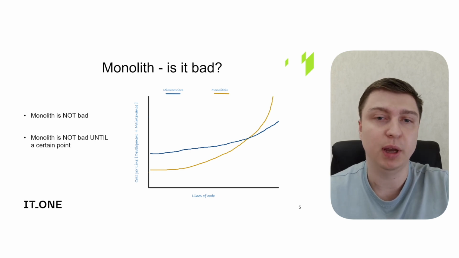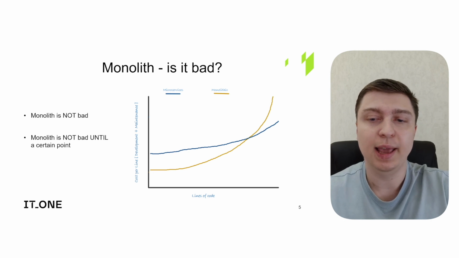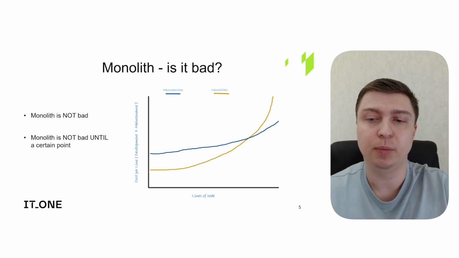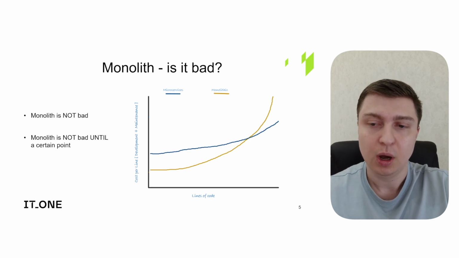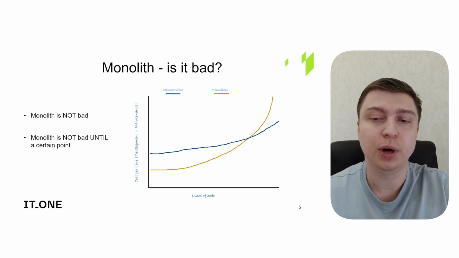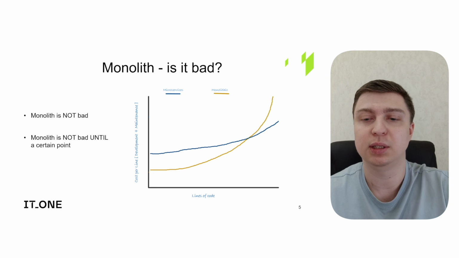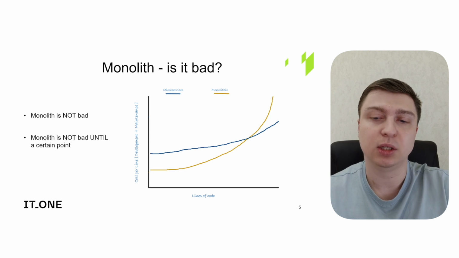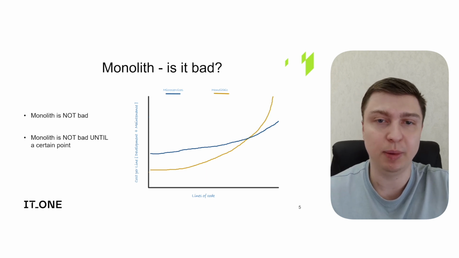The blue curve is microservices. This starts relatively flat but begins to rise gradually as the lines of code increase. In the early stages of the project, the cost might be higher due to the setup required for individual services. However, as the project grows, the cost increases only gradually. This is because with microservices we can isolate problems, we can scale services independently and deploy them separately. So the complexity doesn't increase as dramatically.